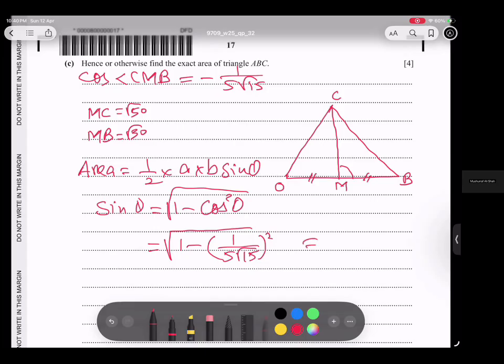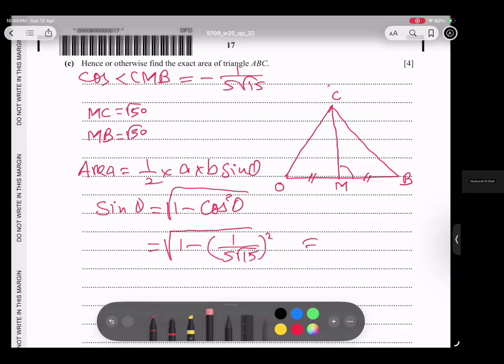So what to do? Take the square of this number. So we are getting here in fraction 1 and down 5 root 15. When I check it and put the square of this number, we are getting 1 over 375. Wait a minute, sorry, this is not with power 2.